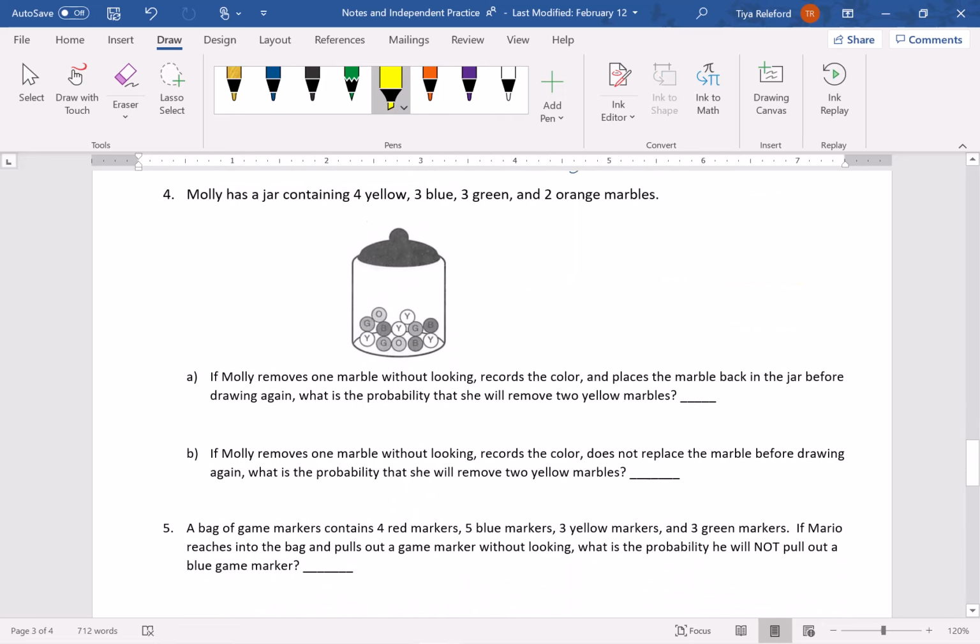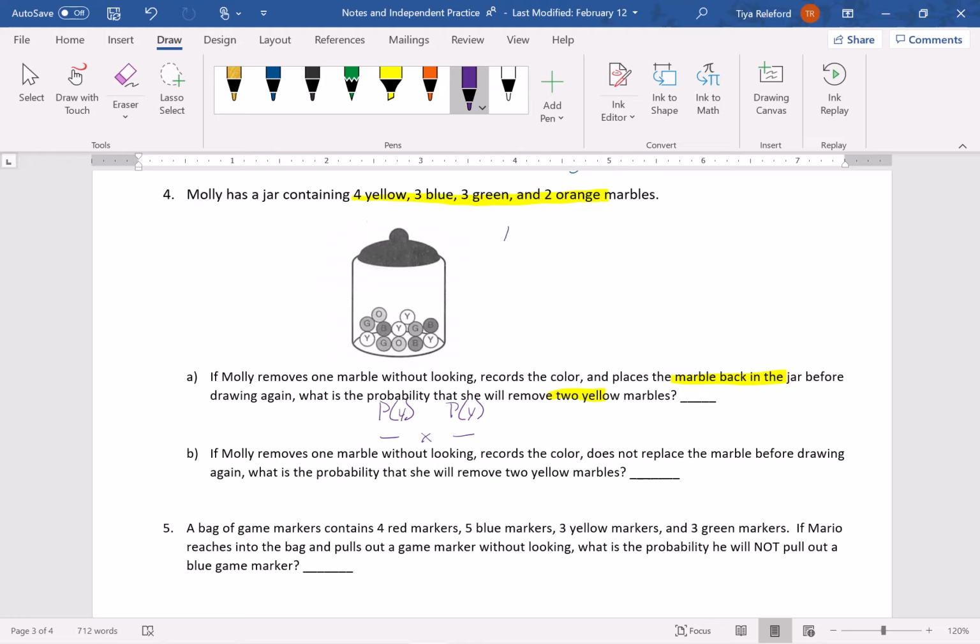Four yellow, 3 blue, 3 green, and 2 orange marbles. If Molly removes one marble without looking, records the color, and places the marble back in the jar before drawing again, what is the probability she will remove 2 yellow marbles? So, the first time she's going to draw a yellow. Second time she is going to draw a yellow, and then we're going to multiply. How many marbles are all together?